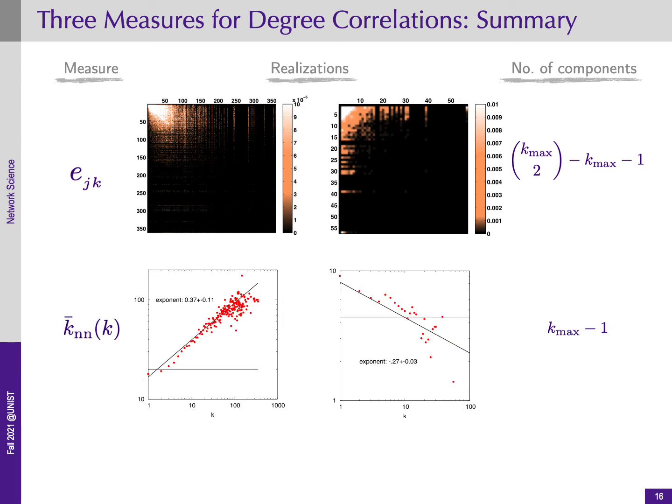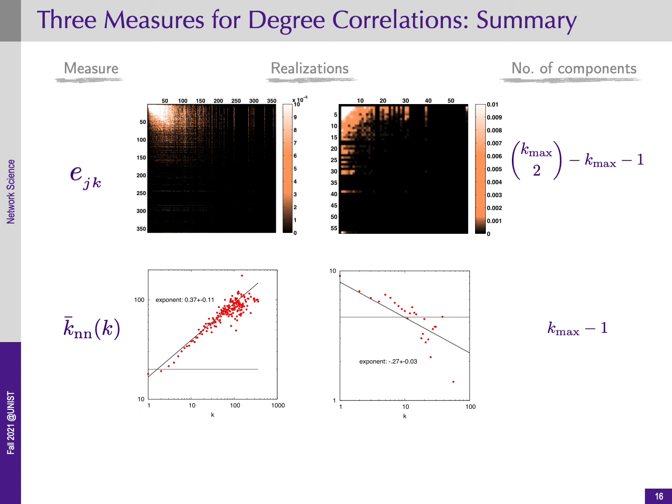As the second measure, we also learned the average nearest neighbor degree, k_nn(k). If you focus on a node with degree k, by counting the average degree of its neighbors, you can come up with this two-dimensional plot.